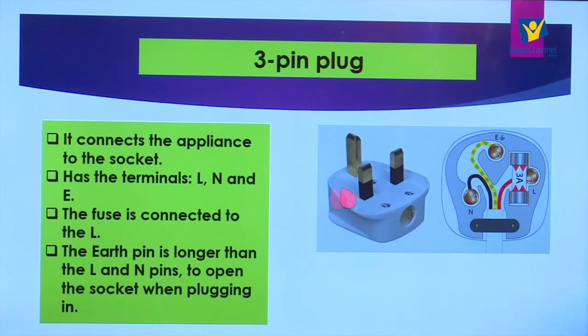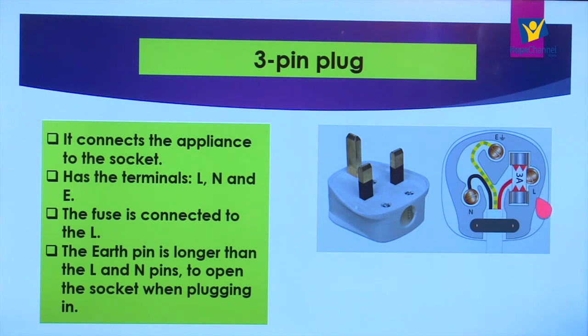When we open this plug inside, this is how the 3 cables are connected. We have on one side the connection to the neutral, another one connected to the live, and then we have the earth up here. So remembering the color codes that we have just mentioned previously, this black cable is a neutral, so we have a neutral terminal, and this red one is for the live, so we have the live terminal.